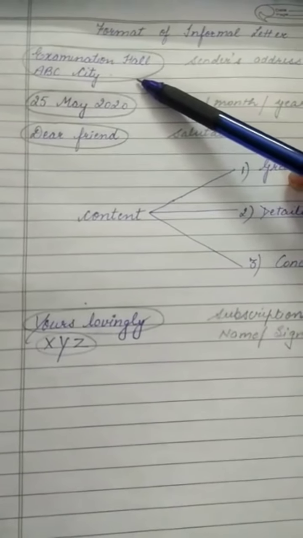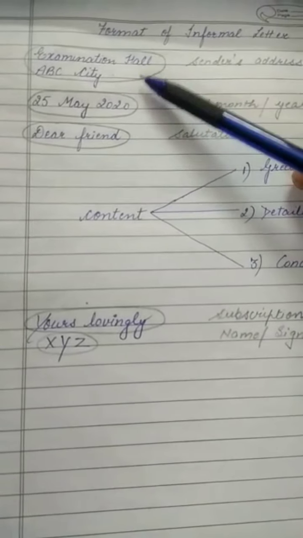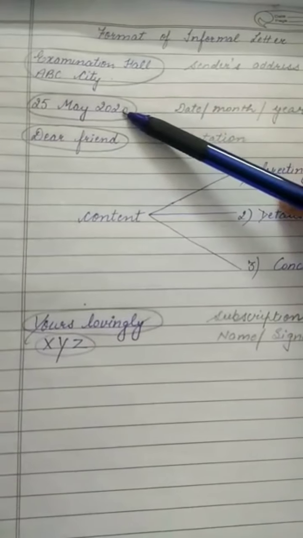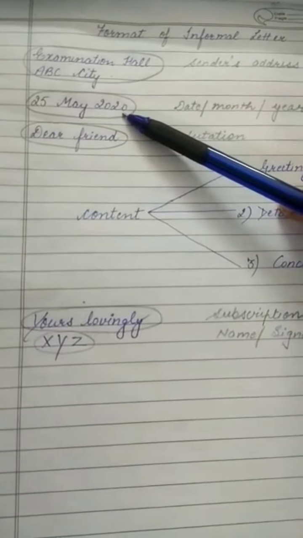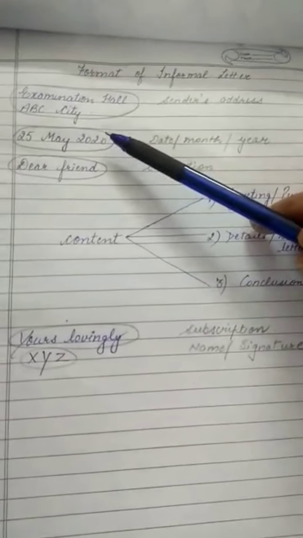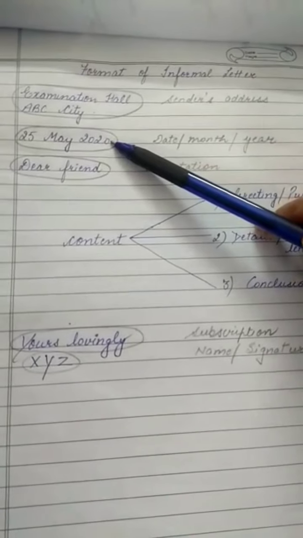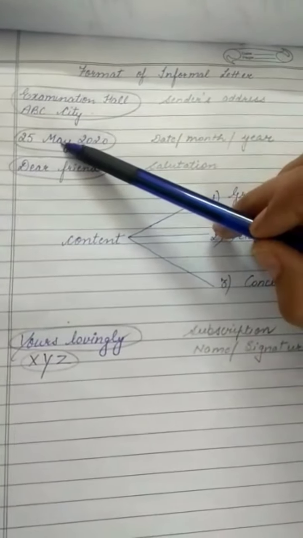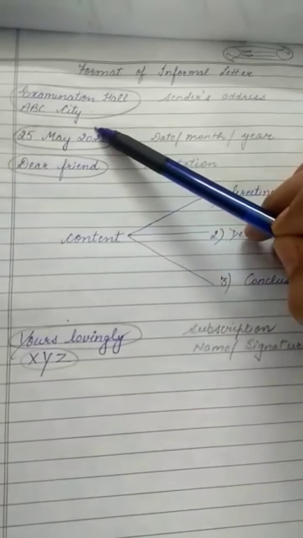After that, you are supposed to leave a line. Just below that, you write the date. It is mandatory to mention the date in the correct format: first date, then month, and then year.